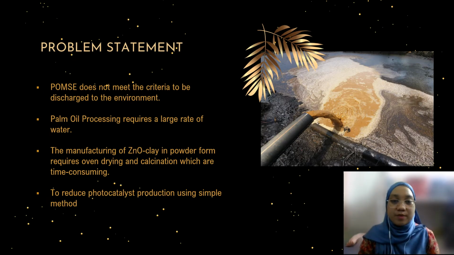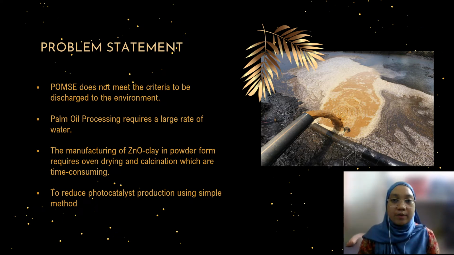Next, the problem statement. Malaysia is the world's second largest producer of palm oil, accounting for almost a third of global production. Palm oil is one of Malaysia's main industries and contributes 2.7% of gross domestic product (GDP).